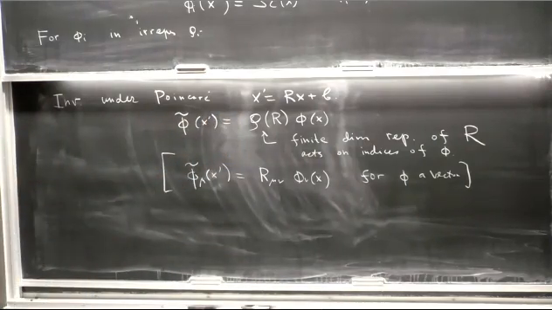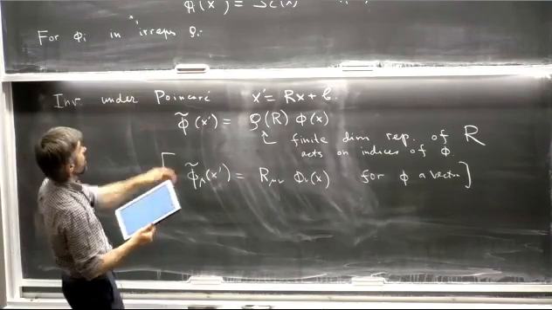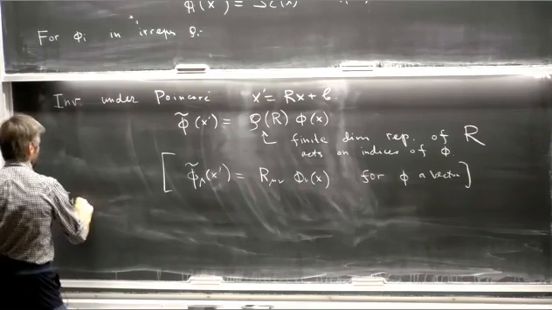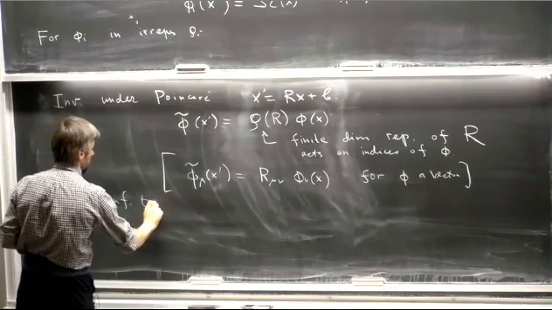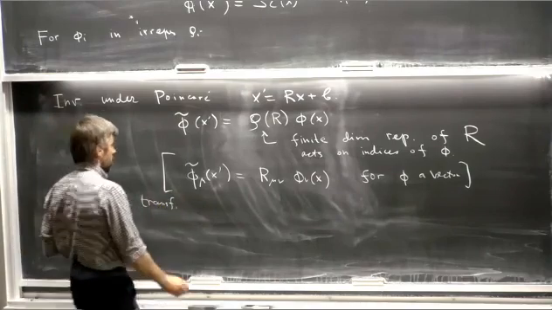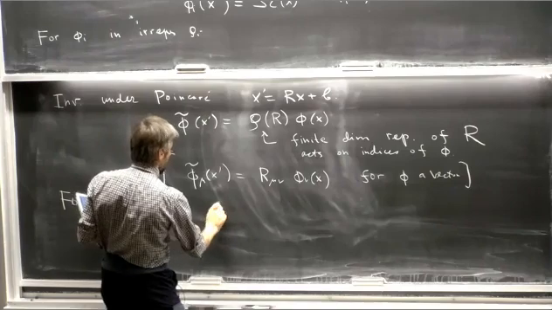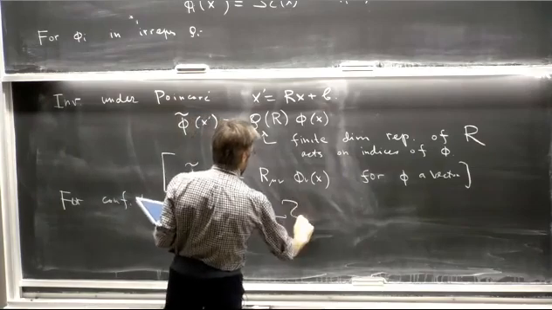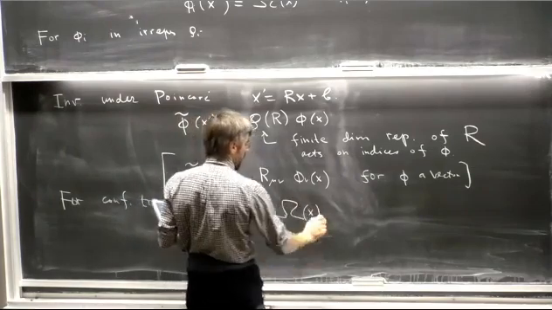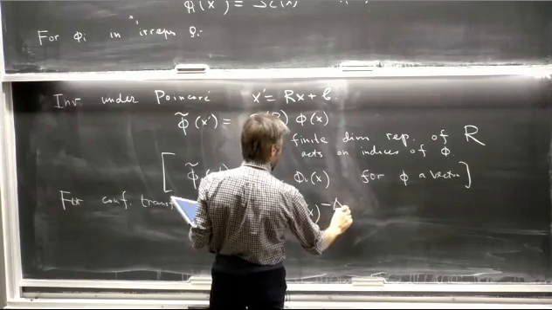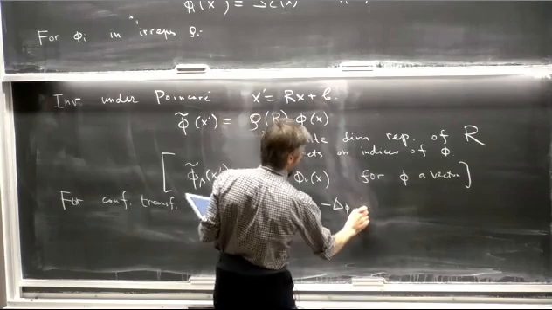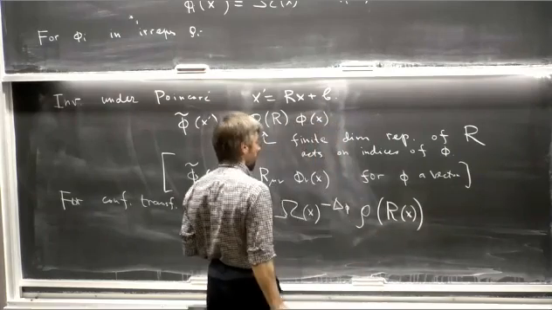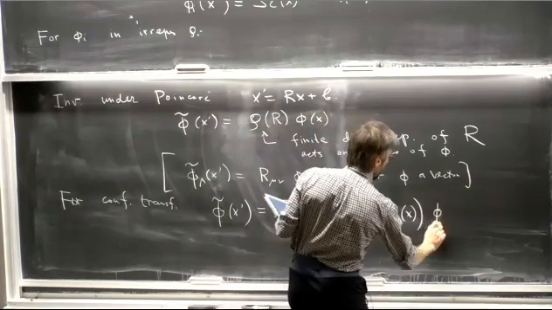Now we have to generalize this, and the generalization is going to be as follows. For conformal transformations, this is going to be generalized as phi tilde of x prime equals omega of x to the power minus delta times rho of R of x acting on phi of x.